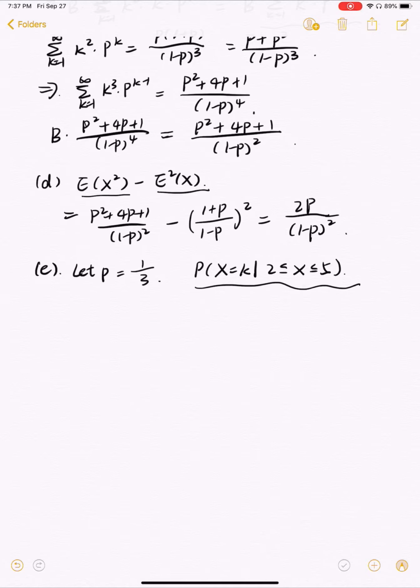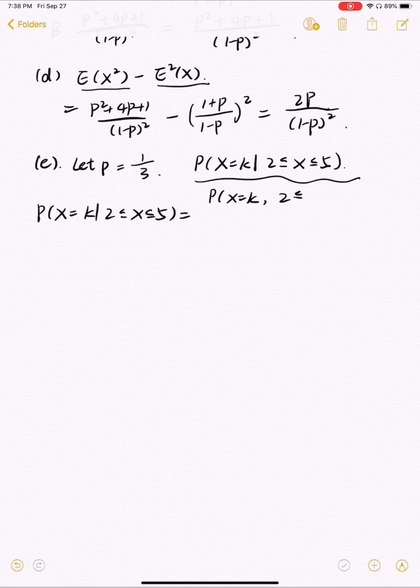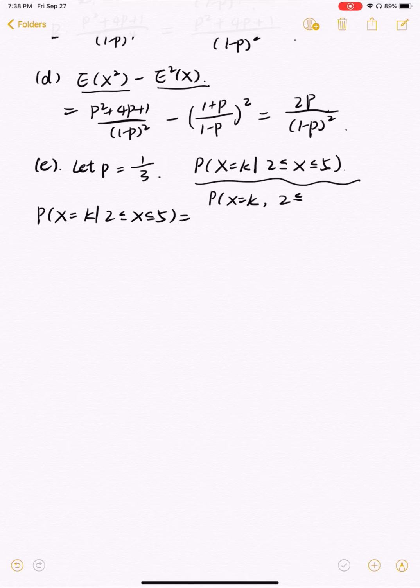Firstly, we rewrite this expression, which equals the probability that X equals k and X belongs to 2 to 5, then divided by the probability that X belongs to 2 to 5.